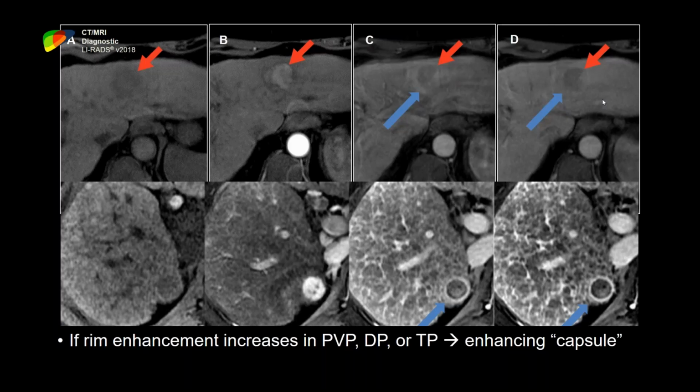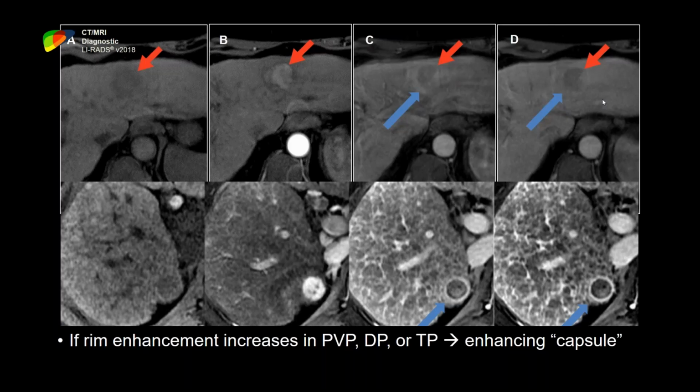In this particular case, if you think it's getting darker and you go to the LI-RADS table, that means there is one feature of HCC. And if the lesion has one feature of HCC and it's bigger than 2 centimeters, you call it a LI-RADS 4. If the lesion is less than 2 centimeters, you call it a LI-RADS 3.